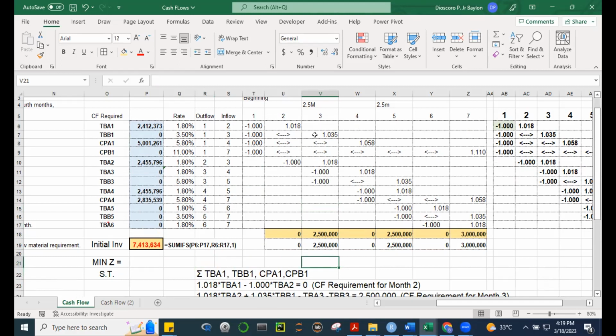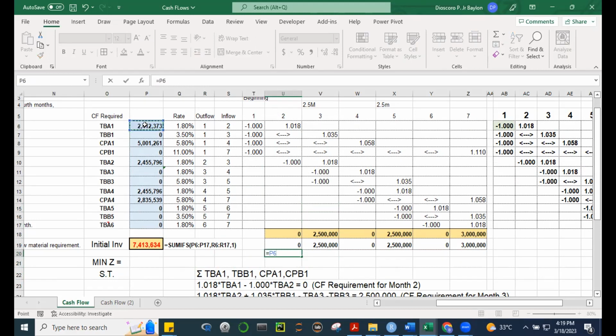Okay, what happens at month 2? So we have this. This was our investment in TBA1, multiplied by the factor.